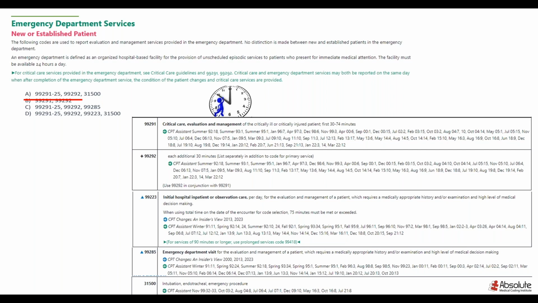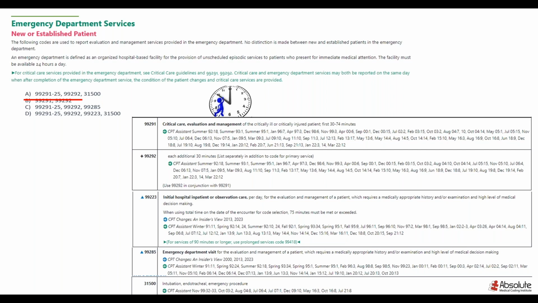The critical care and emergency department services may both be reported on the same day when, after completion of the emergency department service, the condition of the patient changes and critical care services are provided. So coders, your question is: did the patient's condition stabilize or worsen after admission to the emergency department after giving the critical services? The patient's condition stabilized and the patient was moved to inpatient admission.